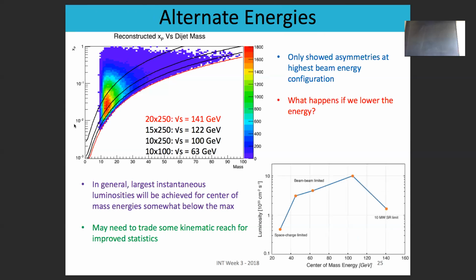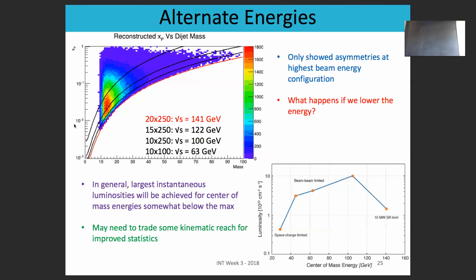So here's 140, here's a little above 100 in root S, and if we back off, say from 141 to 122, we cut off just this little bit of our kinematic phase space, but we potentially gain a factor of 2 or a little more than 2 in possible integrated luminosity. Our gains are larger if we back off even more to say 100.